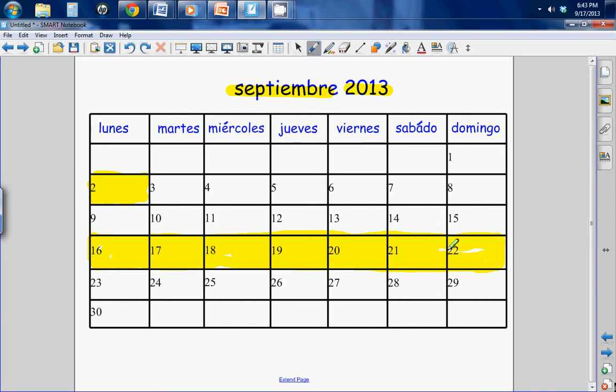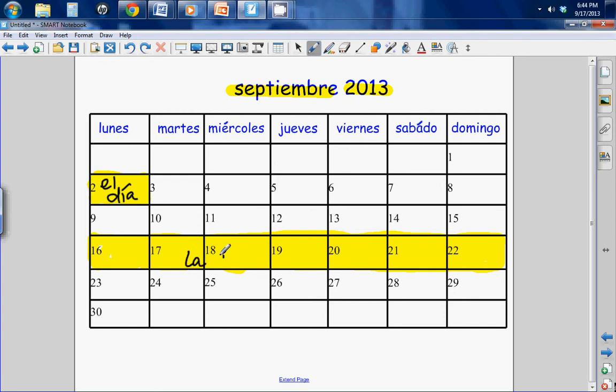Okay, so let's start with our smallest unit of time. Our smallest unit of time on a calendar is the 1 box, and that 1 box represents a day. And so we're going to label this 1 box el día. Día does have an accent mark above the i, so you should make sure to include that accent mark. The second thing that we're going to label is the week.